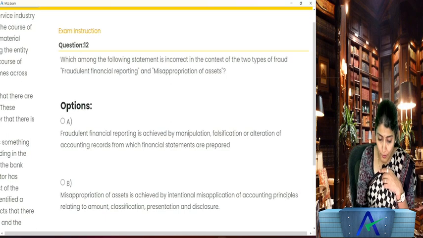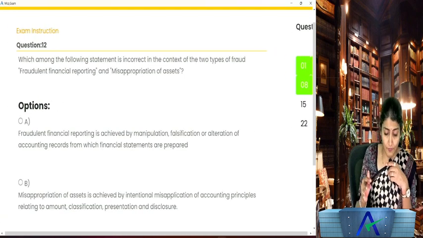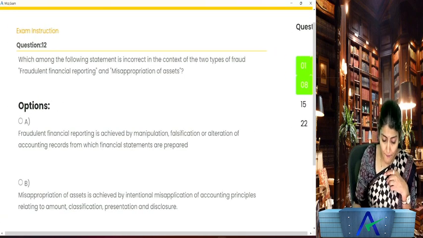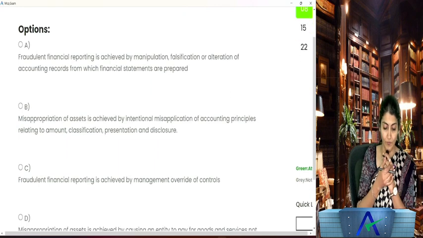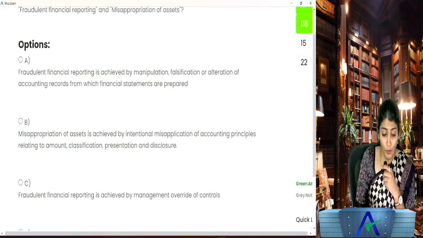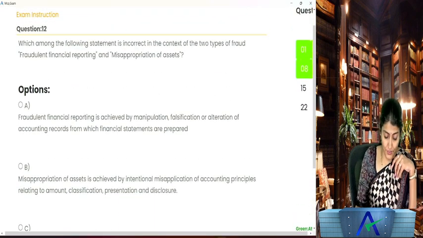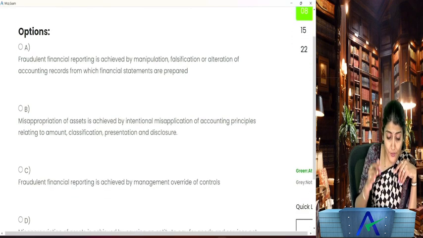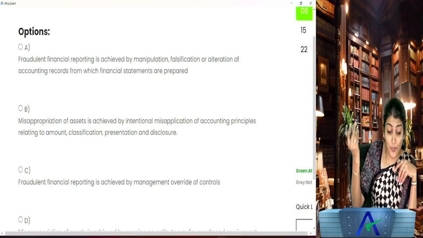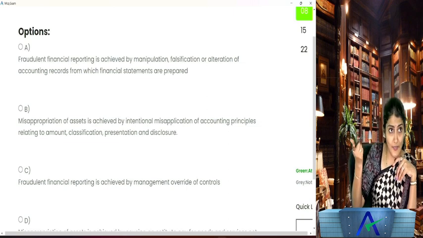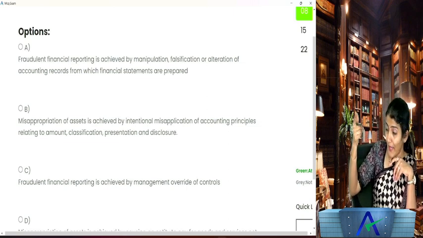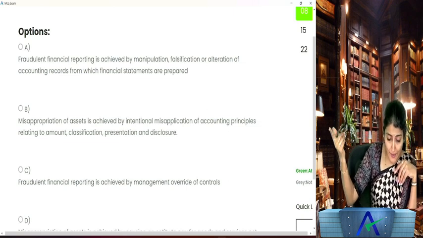Which among the following is incorrect in the context of the two types of fraud, FFR and MOA? Fraudulent financial reporting is achieved by manipulation. First M, you remember? Fraudulent, MMM. Right, so achieved by manipulation.